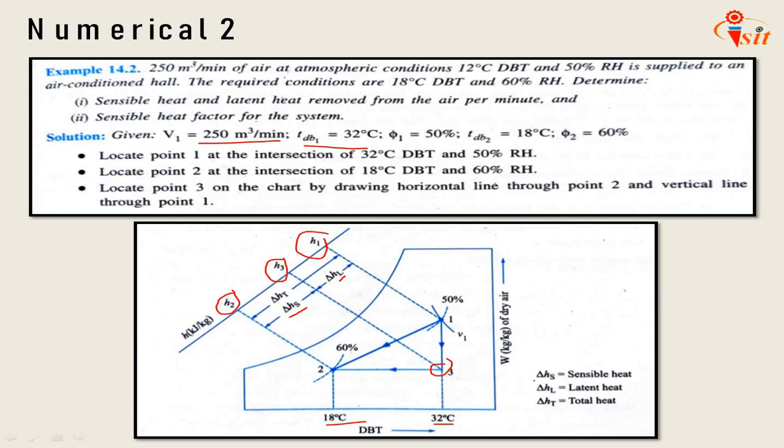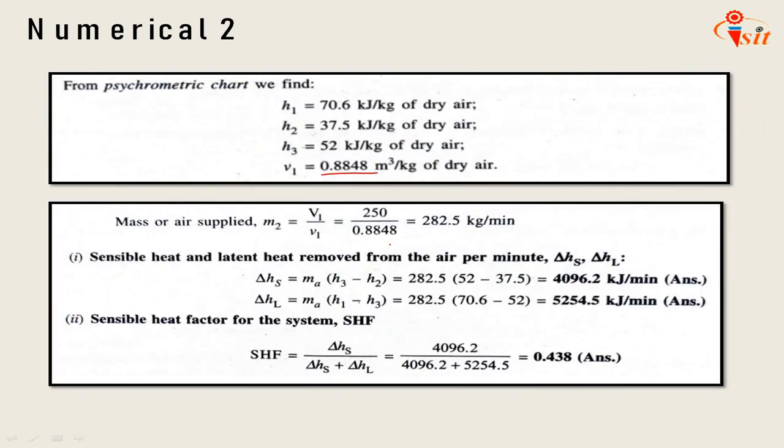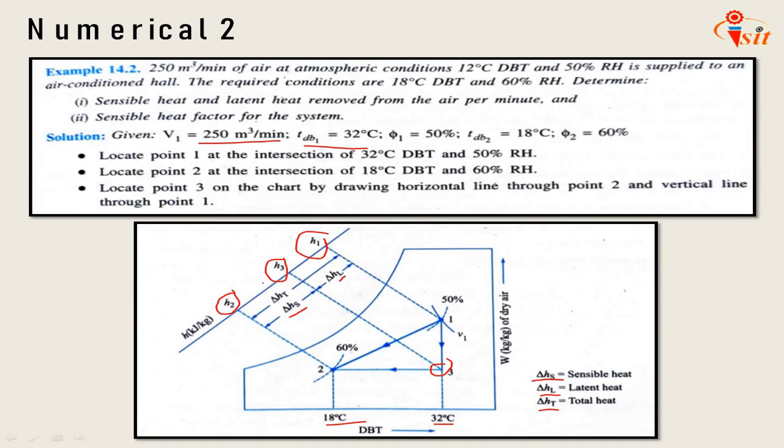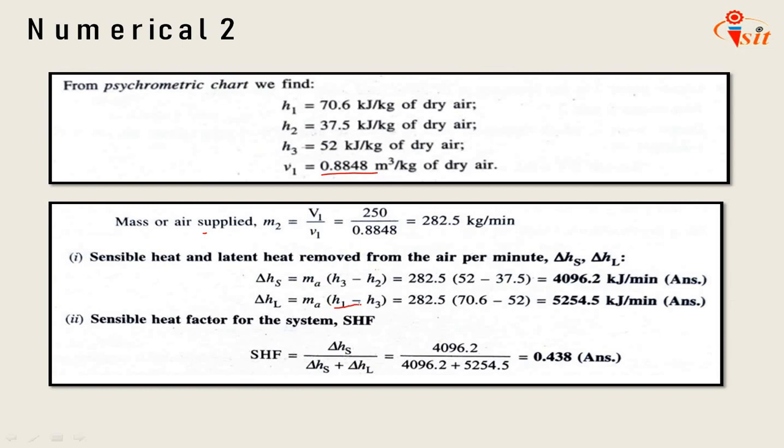Okay, so delta HS is sensible heat, delta HL is latent heat, and total heat is delta HT. So we need the mass of air supplied, because sensible heat by the equation is MA times H3 minus H2; here H3 minus H2 is sensible heat, and H1 minus H3 is latent heat.